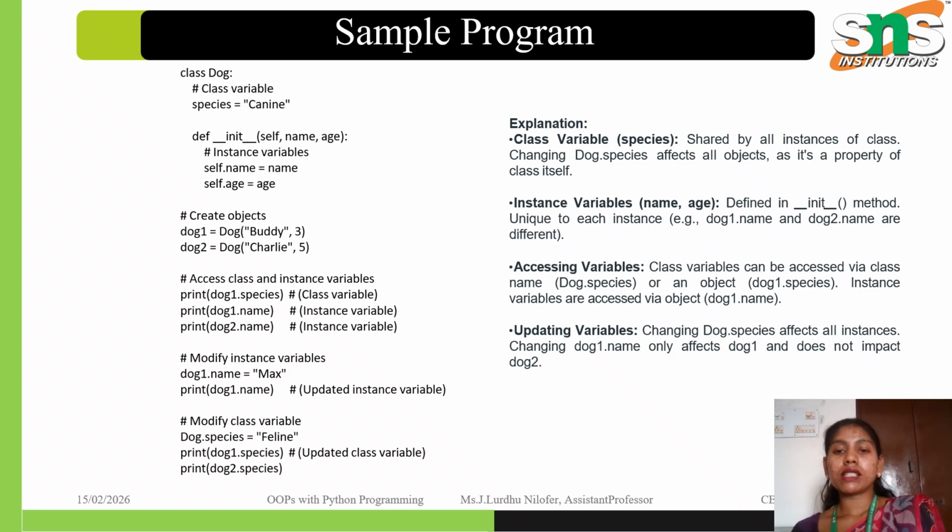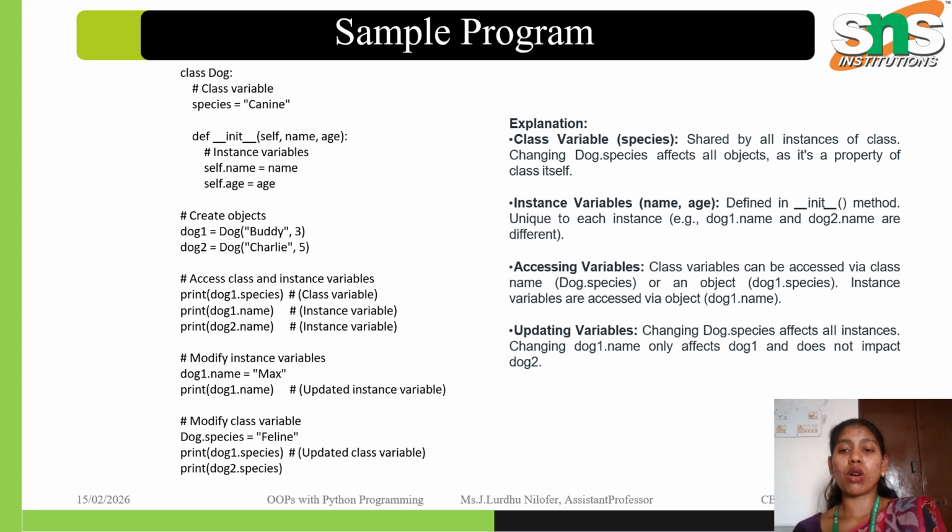Class variables are shared by all instances of the class. Changing, for example, Dog dot species affects all objects, because it is a property of the class itself. What is an instance variable? For example, name and age are instance variables defined in the init method, unique to each instance.